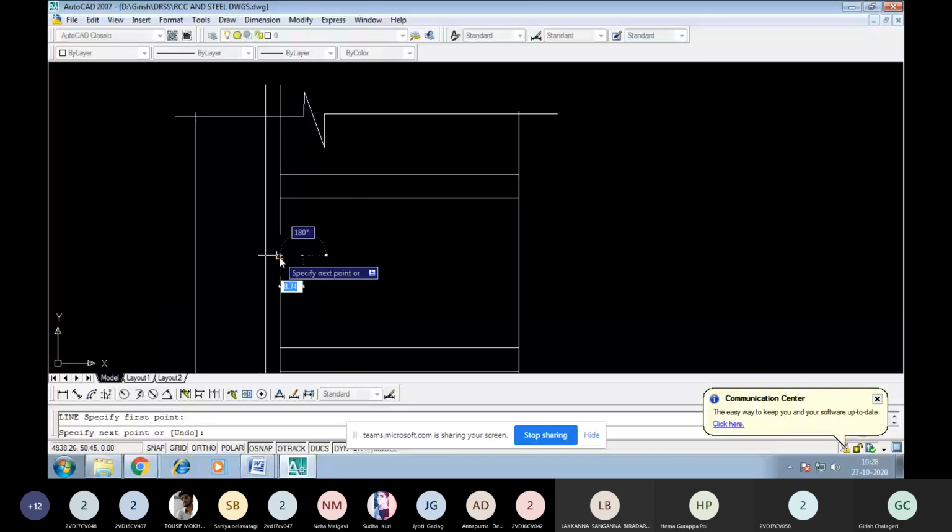It will push like this on the stem. In the same fashion, at the heel slab it also pushes like this.